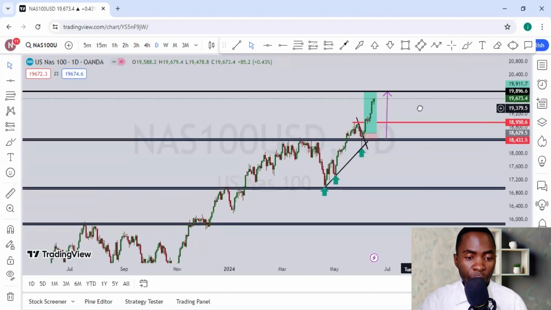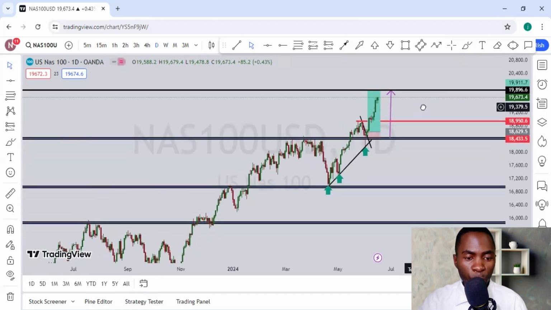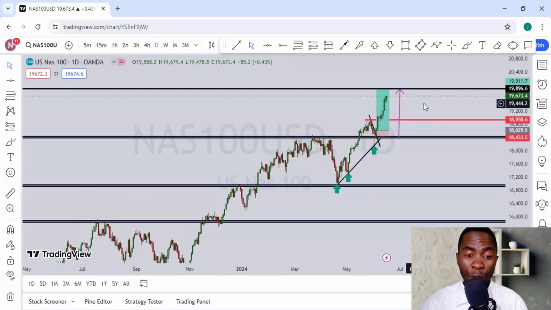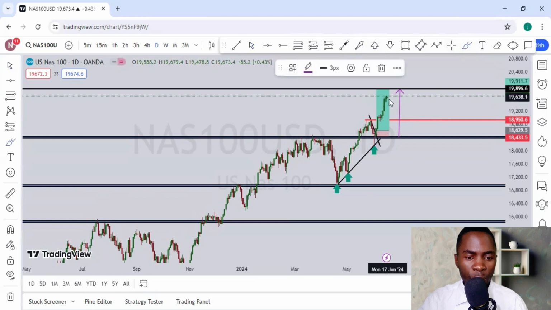Also, the market is already near my TP2. Most of the time when you enter a trade and it is about to hit take profit, the market tends to consolidate around this area a couple of times, then reverse, then move to your take profit.